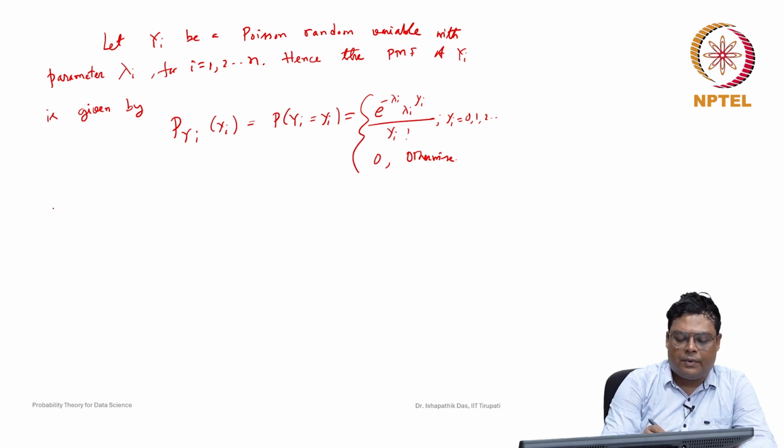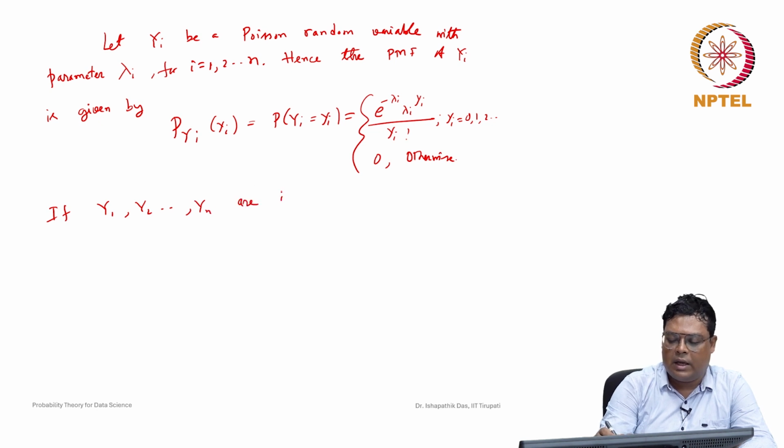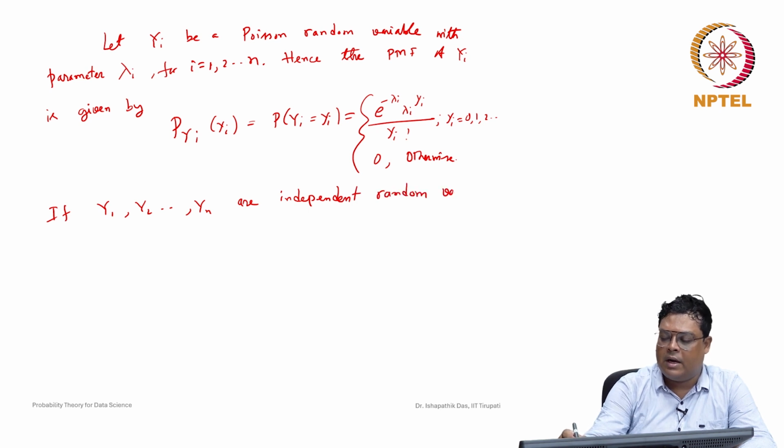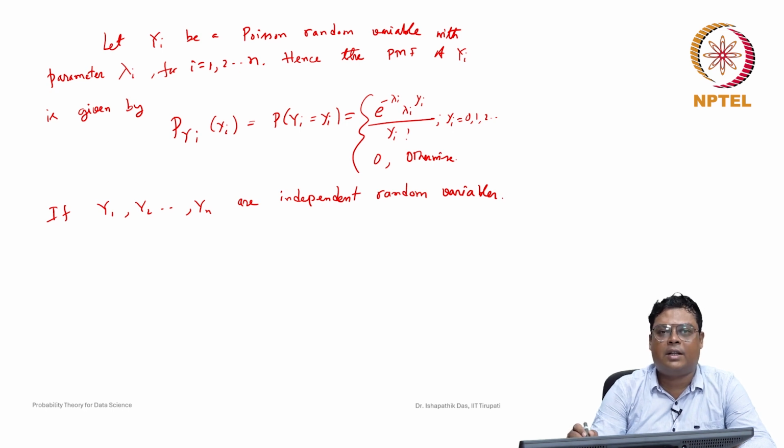Now, if y1, y2, ..., yn are independent random variables, and basically here we are assuming that they are independent, then we can find their joint probability mass function this way. If they are not independent random variables, then we cannot find their joint probability mass function in this way.